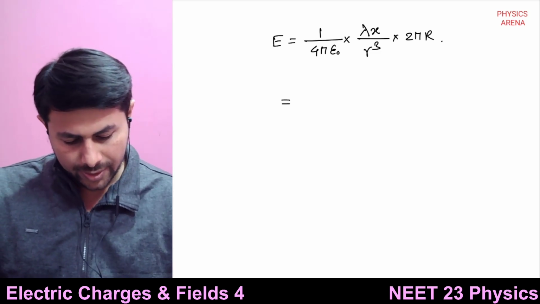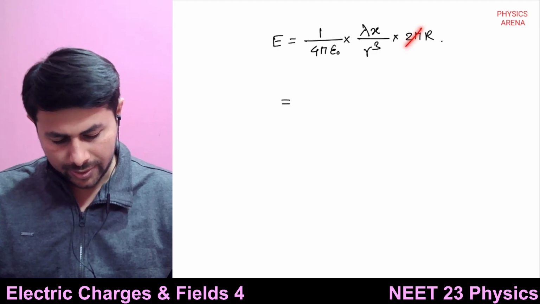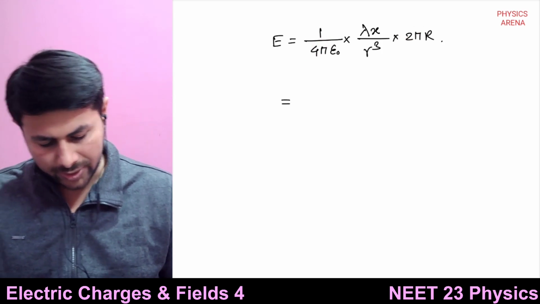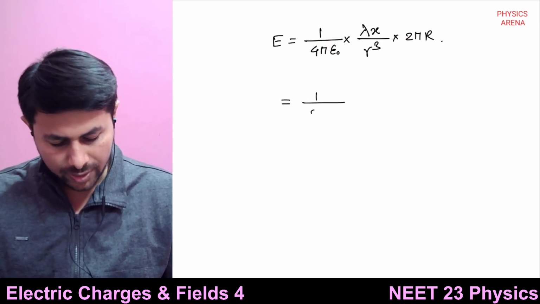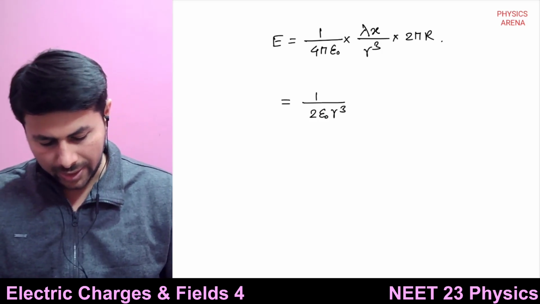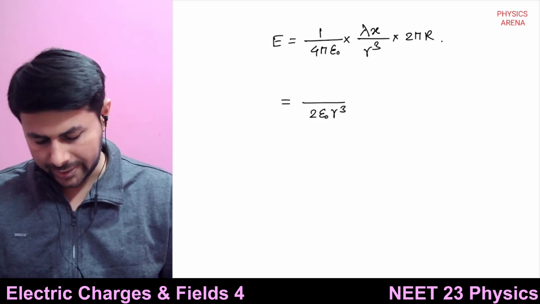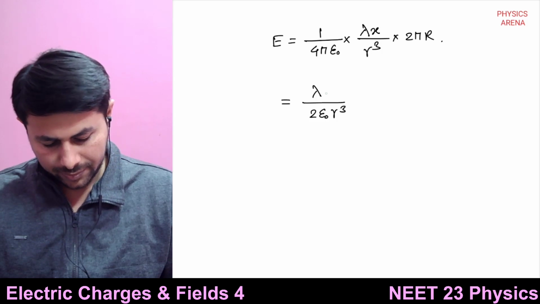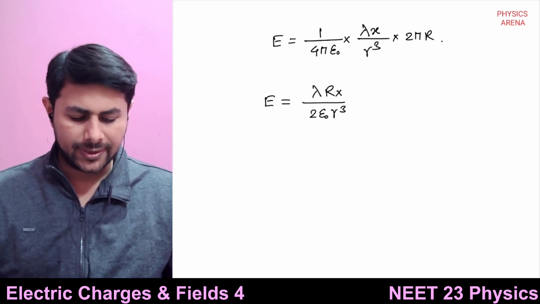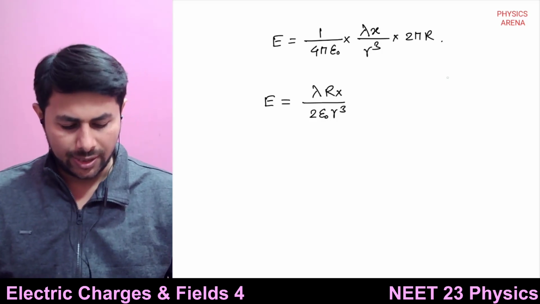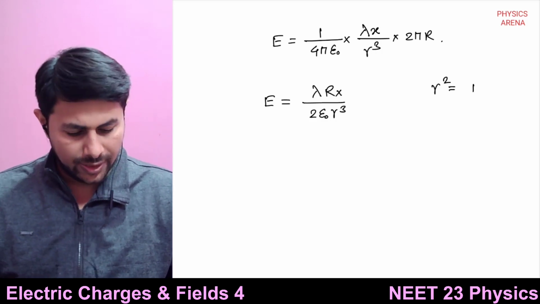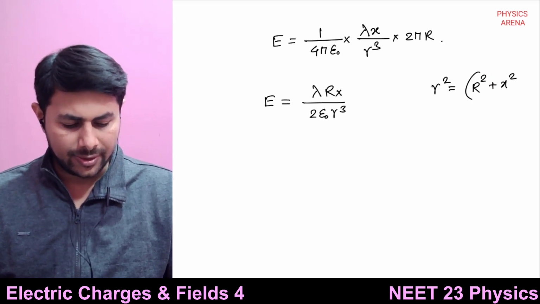Let's keep one formula in terms of lambda and one formula without lambda. Okay. So you have pi and pi which get cancelled out, then 4 divided by 2 will give us 2. So it is 1 upon 2 epsilon naught r cube and in numerator you have lambda r x. Lambda x divided by 2 epsilon naught r cube. And what is r?